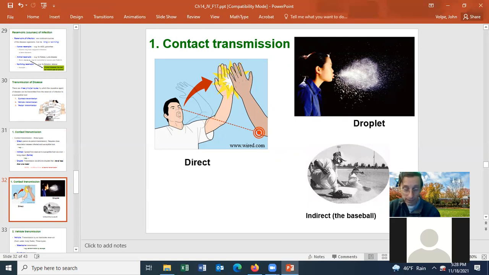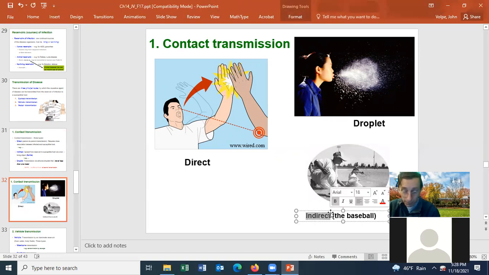But unfortunately, humans are very good at transmitting diseases, especially colds and flus, indirectly. If you don't know, most colds and flus are picked up by your hands. Like when somebody touches a doorknob and they pick up the virus, and then we inoculate ourselves by touching one of the mucous membranes on our face.